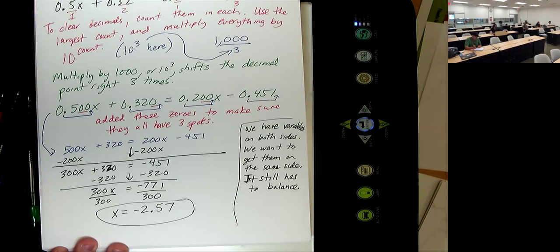No, if you clear the decimals, now it's just doing basic steps: adding, subtracting, dividing.